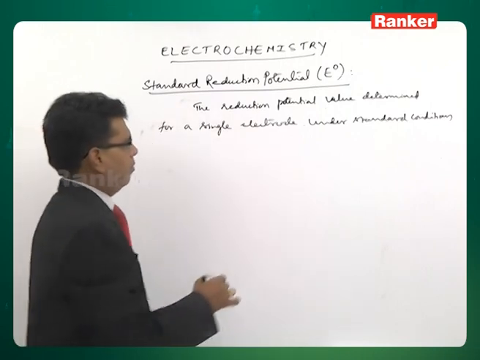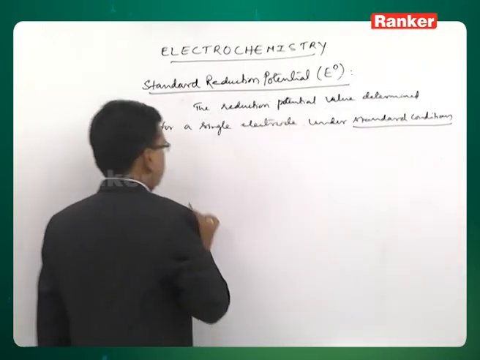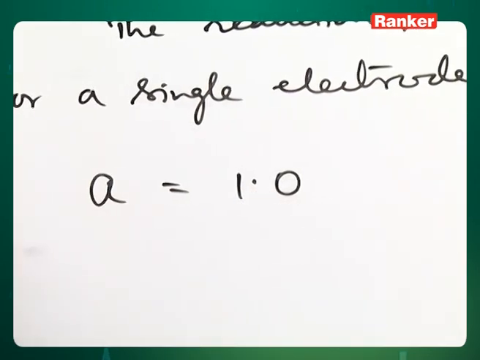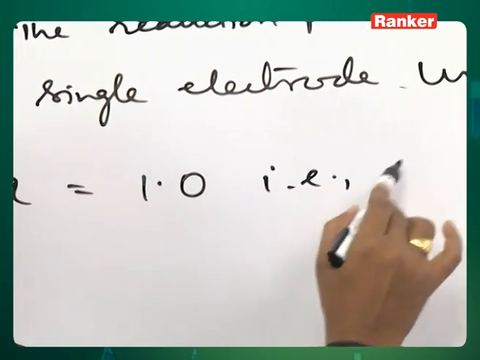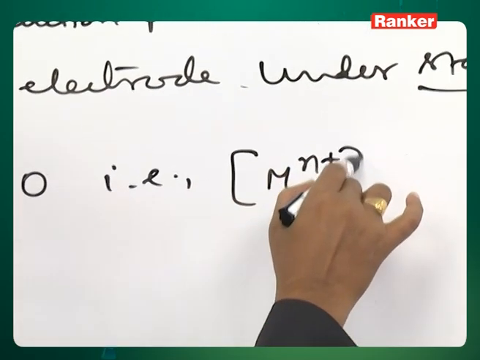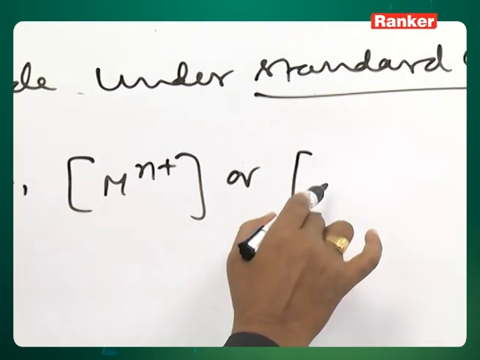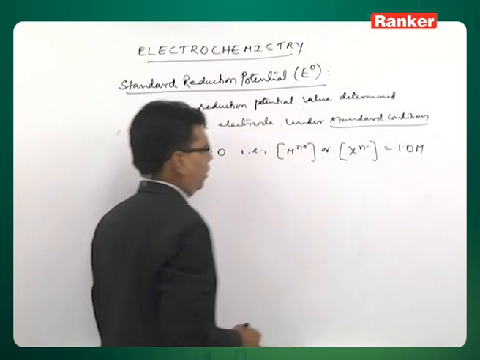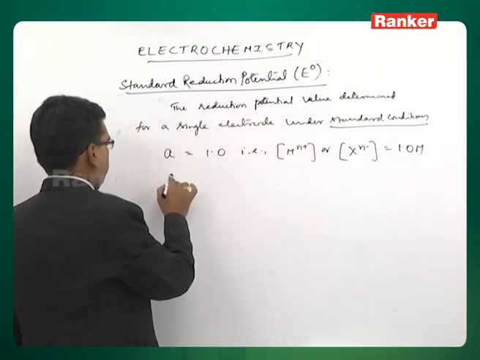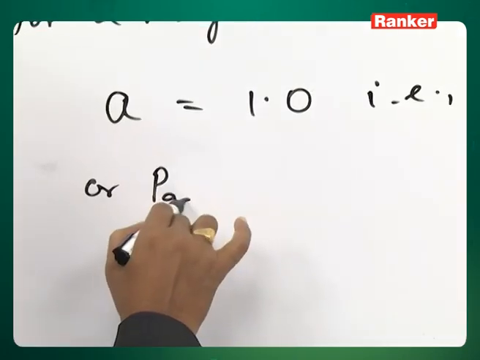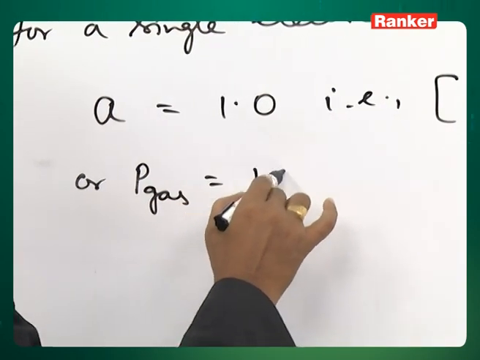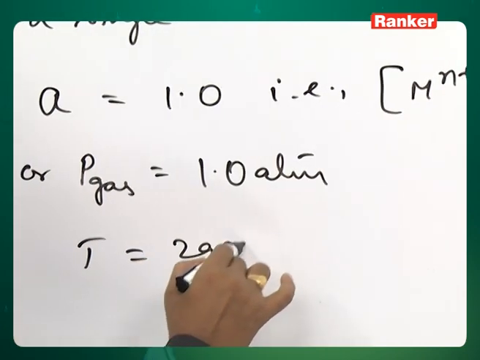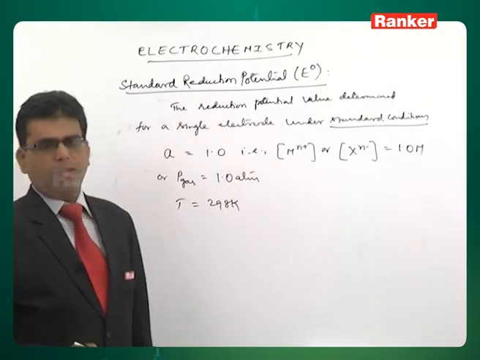What is standard condition? The standard condition is that the active mass of the electrode is 1, that is, the concentration of the metal ion or non-metal ion is equal to 1 molar, or the pressure of the gas is 1 atmosphere, and the temperature is 298 Kelvin.